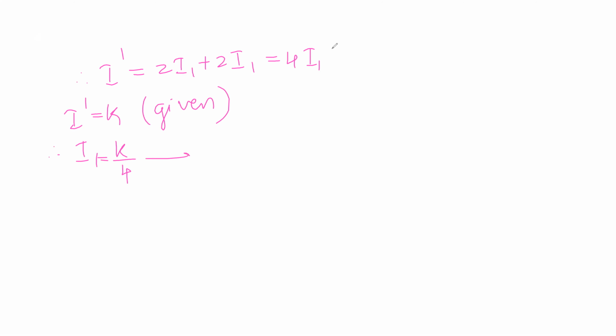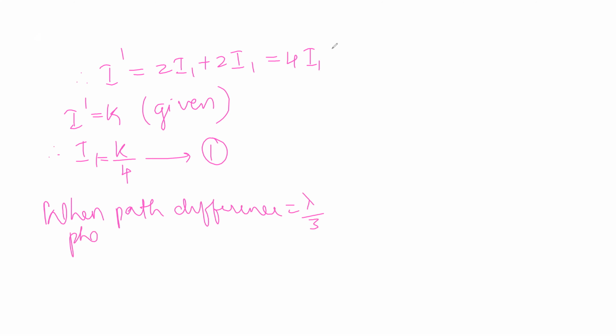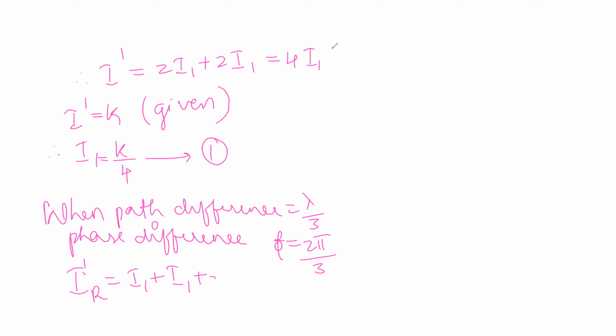Let us consider this as equation 1. Now the second condition, when path difference is lambda by 3 and phase difference is 2 pi by 3, then the resultant intensity becomes I1 plus 2 times I1 into cos of 2 pi by 3.